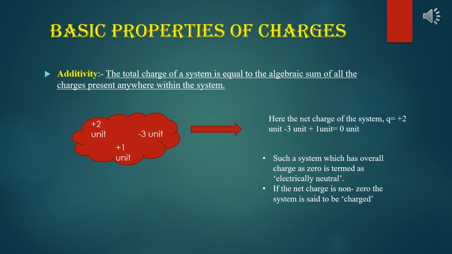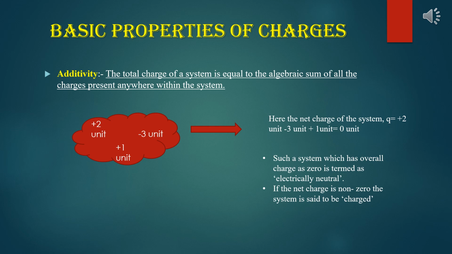You have learned in the last class that if we have vectors, we cannot add directly, we have to use the parallelogram law, triangle law, etc. So we don't need that for charges because charges are scalars. Now if you have such a system, like in this example where the total charge is 0, then we will say that this system is electrically neutral or its overall charge is 0. So electrically neutral means that the amount of positive charge will be equal to the amount of negative charge within the system.